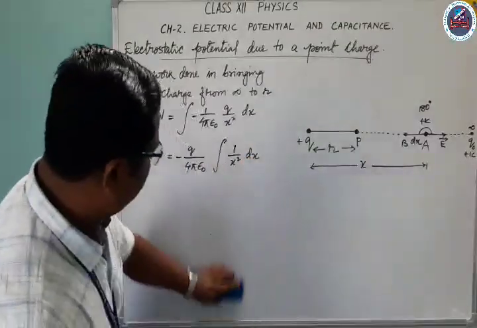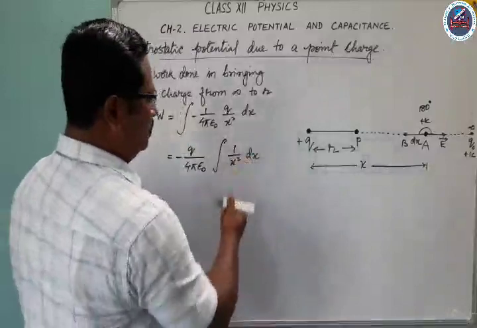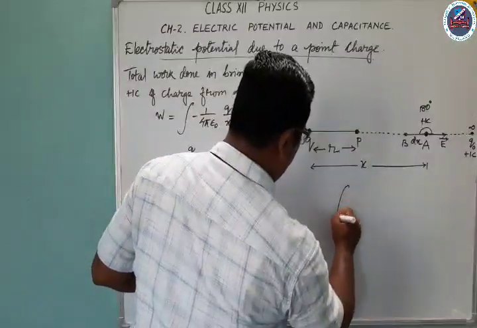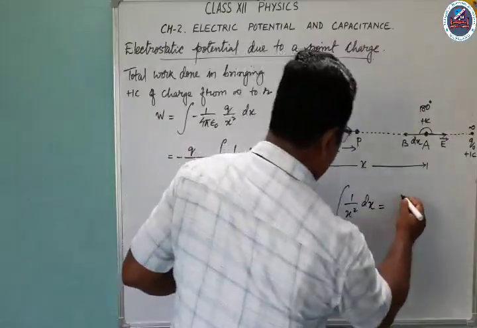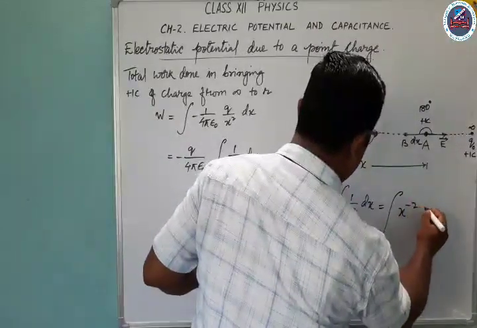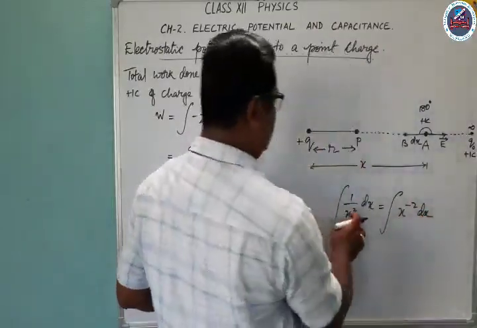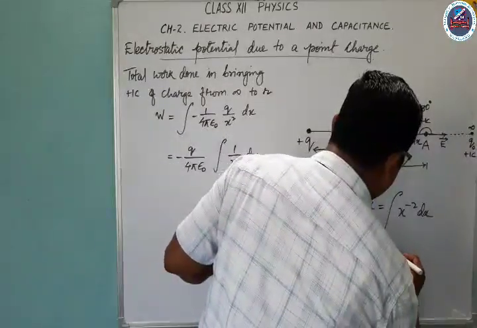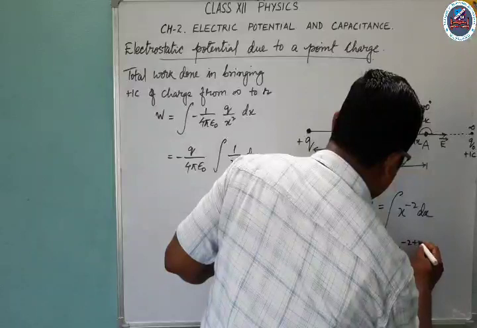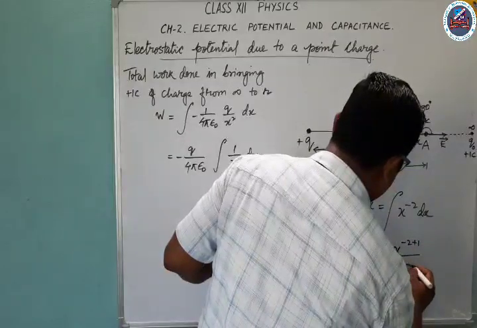So what will be the integration of 1 by x square dx? Then you will first make it like this, x to the power minus 2 dx. This positive power you will take up to become minus power. Then you will use your formula x to the power minus 2 plus 1 divided by minus 2 plus 1.